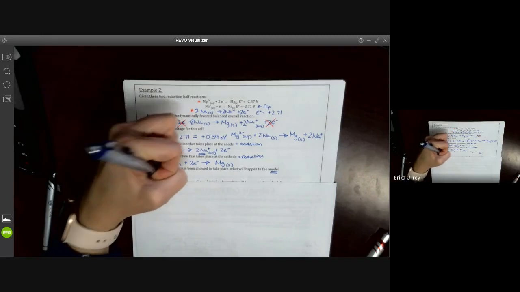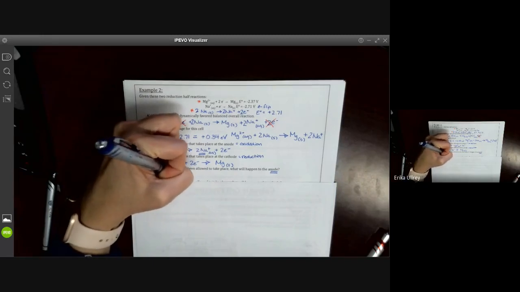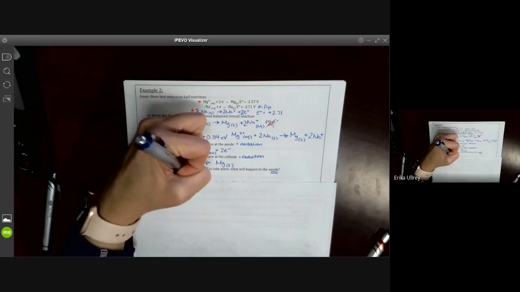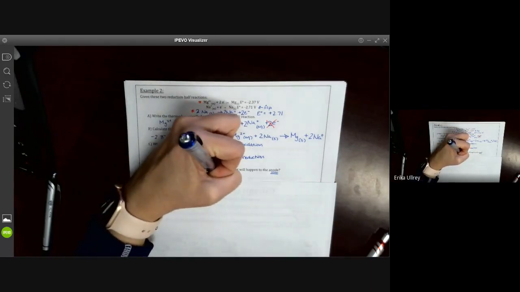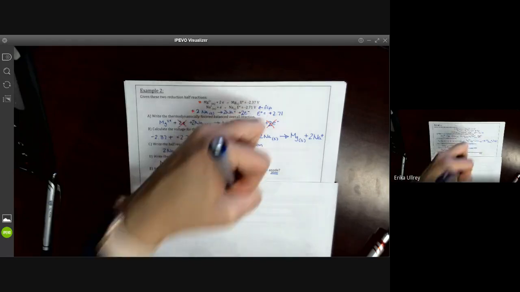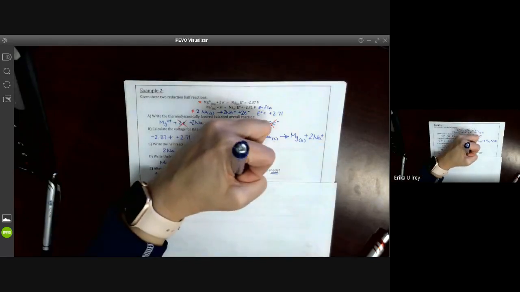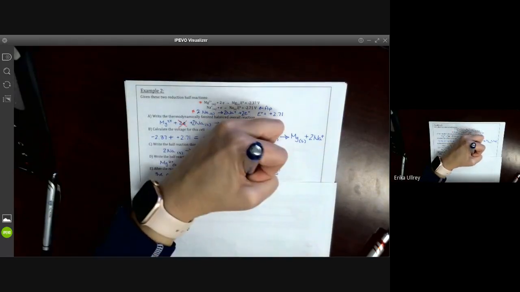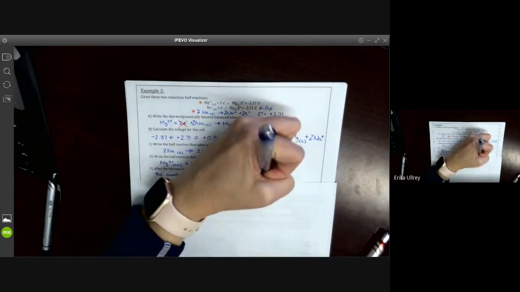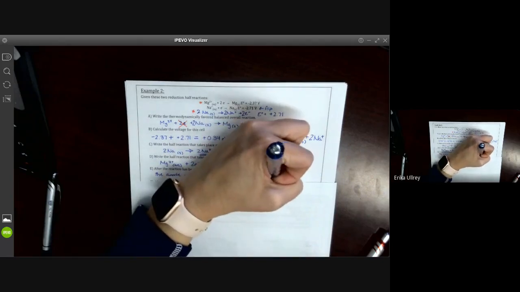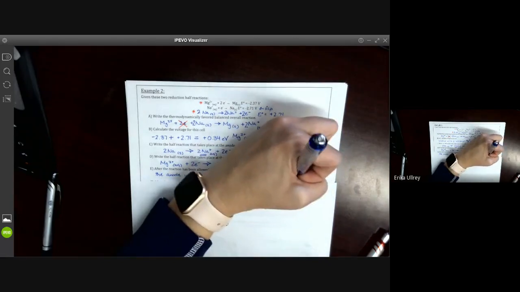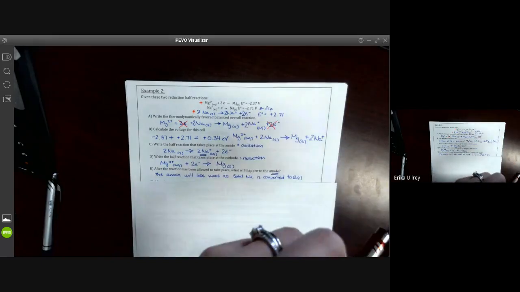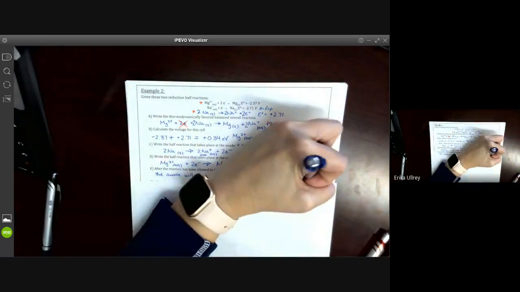The anode, and this will always be true, will lose mass as solid Na is converted to aqueous sodium ions.